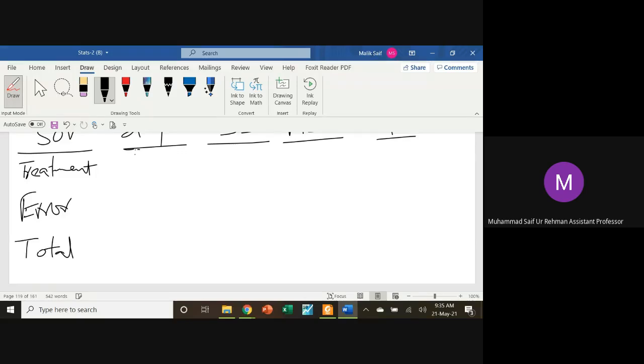So both are the ways. You can write down RSS, ESS, or TSS, or you can write down treatments, error, and total.